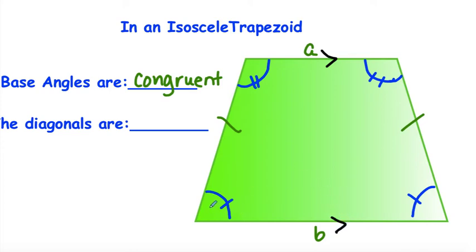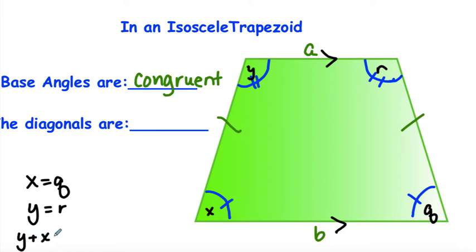And so if I gave these all letters, X, Y, R, and Q, okay, so X equals Q and Y equals R. But we also can remember that because the lines are parallel, Y plus X equals 180, and R plus Q equals 180. So those same side interior angles are supplementary.